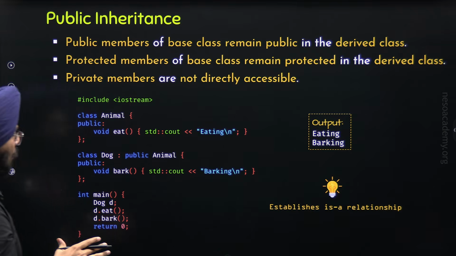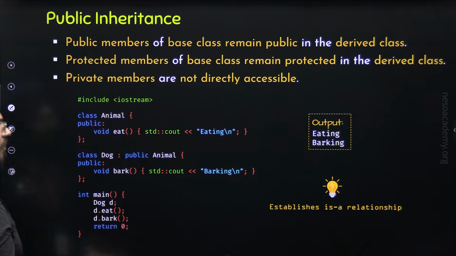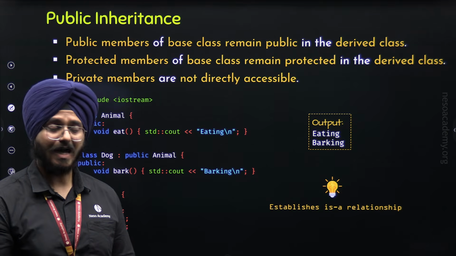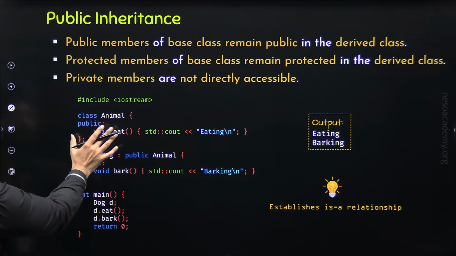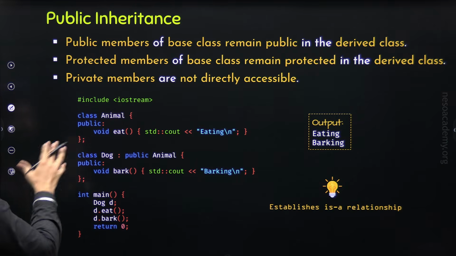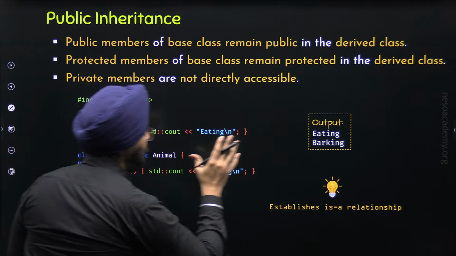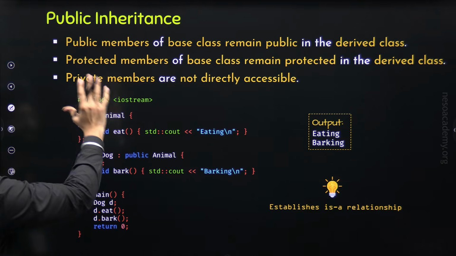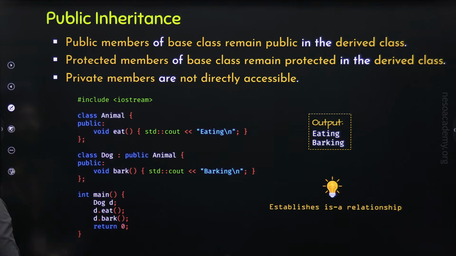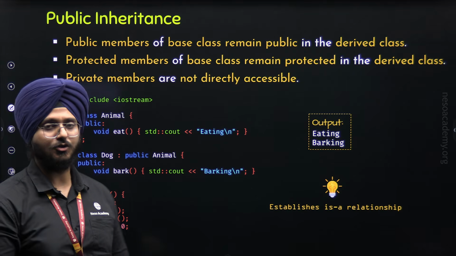To the outside world, it seems like there is no difference between animal and dog. That is why public member function remains public in the class dog as well. So this is what public inheritance is. When we want to establish an is-a relationship between base class and derived class, then we use public inheritance. I hope this is clear to you.